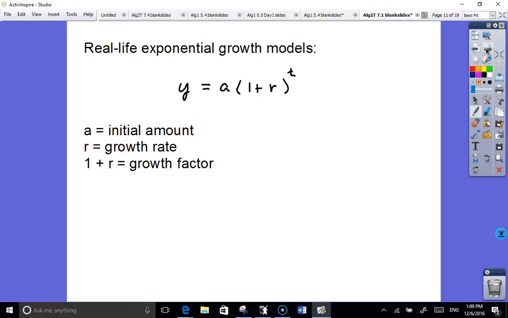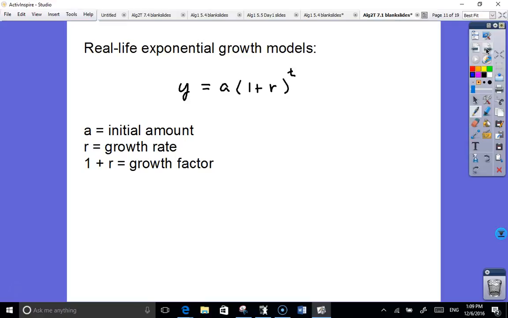Okay, so when you're dealing with exponential growth models, but it's exponential growth or decay, this is the general equation, right? You've got a function that represents the amount of something. That's the y, right? The a is always the initial amount.